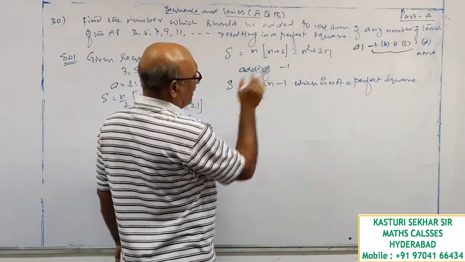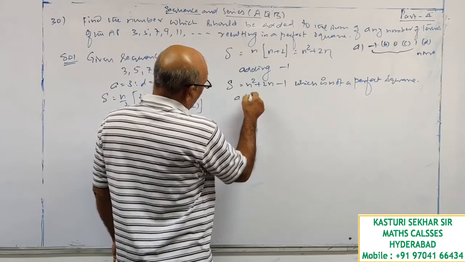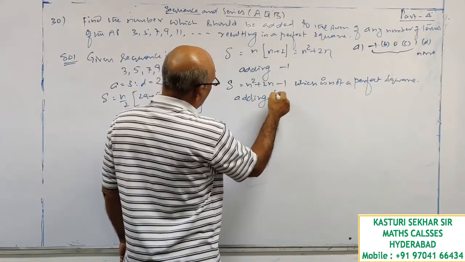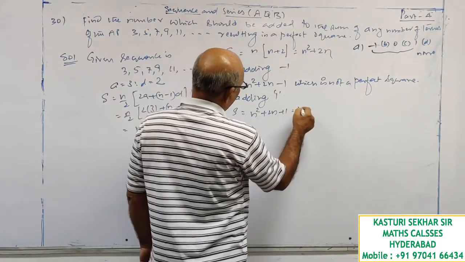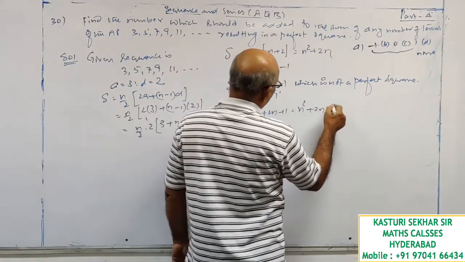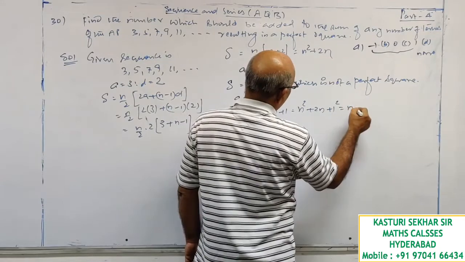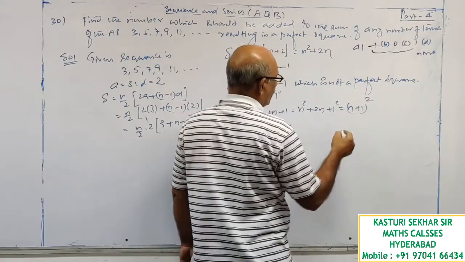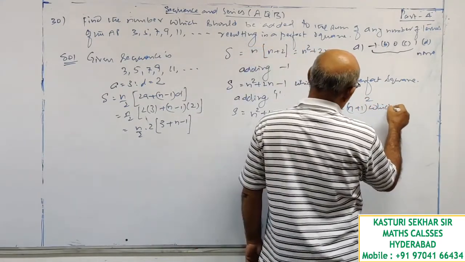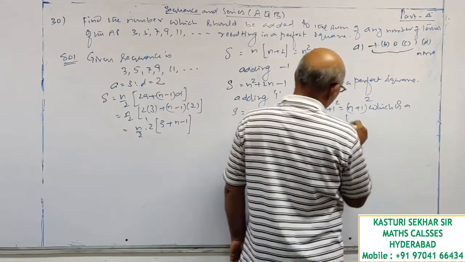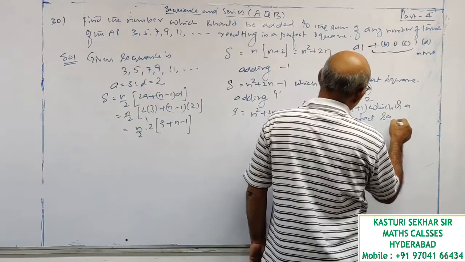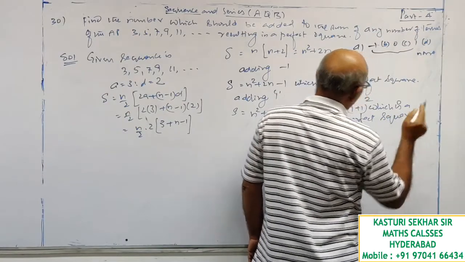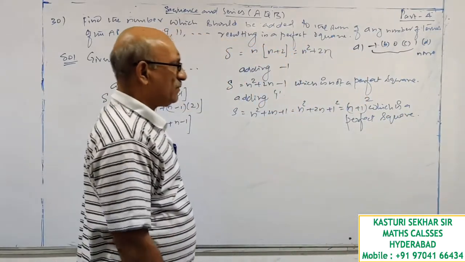Adding 0 means it will remain the same. So let's move to adding 1. S is equal to n square plus 2n plus 1. This is (n+1) whole square, which is a perfect square.